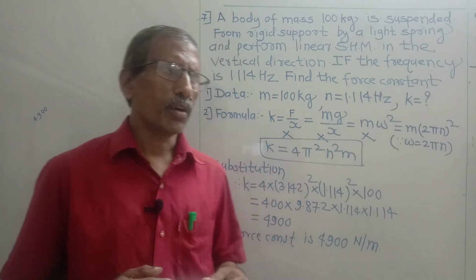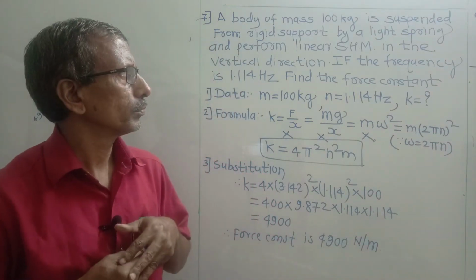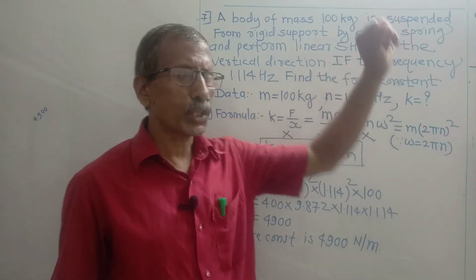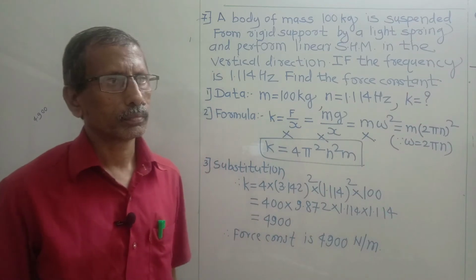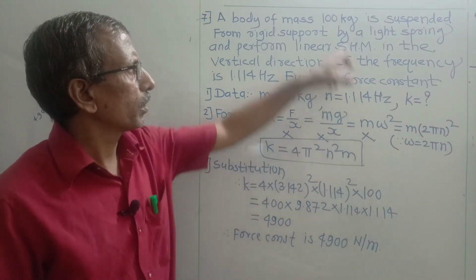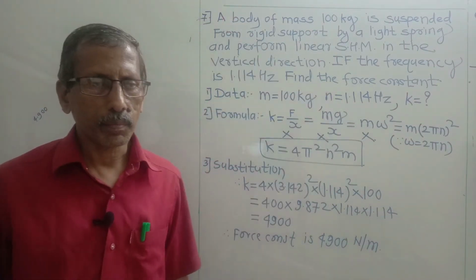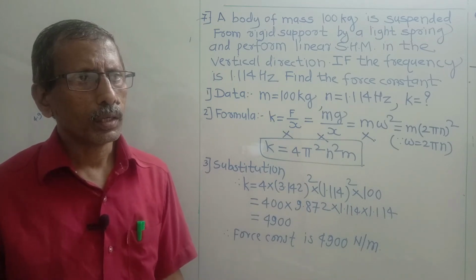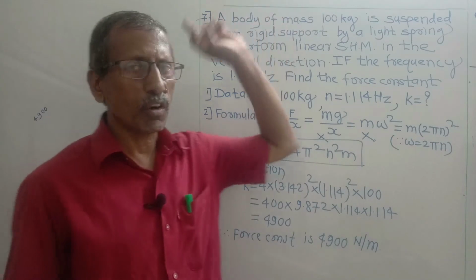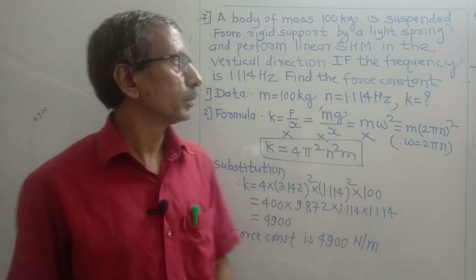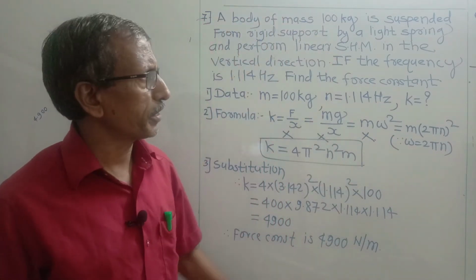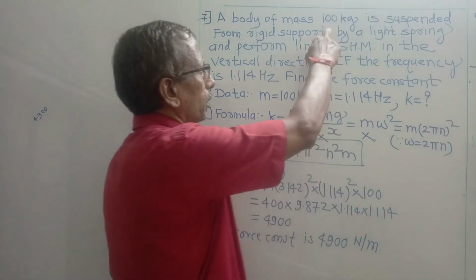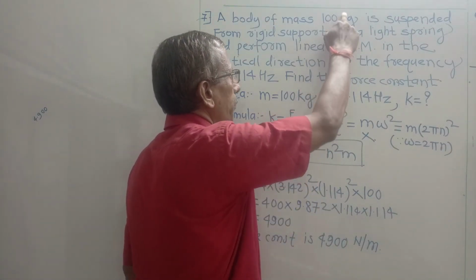But when we observe, a light spring is given and here 100 kilogram is given, so it is not possible to handle this amount of weight, so there is a printing mistake. So this 100 is in gram.